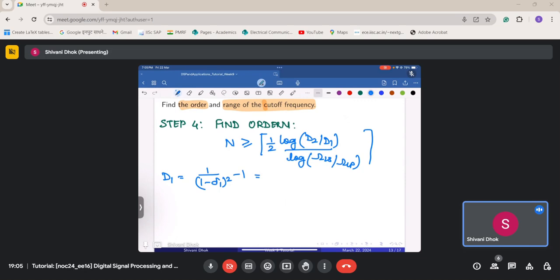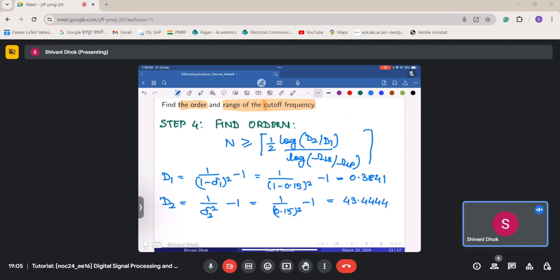This delta 1 we had given as 0.15, so this is 1 upon (1 minus 0.15) square minus 1, and this comes out to be 0.3841. And we have d2 as 1 upon delta 2 square minus 1, which is 1 upon 0.15 square minus 1, and this comes out to be 43.4444.